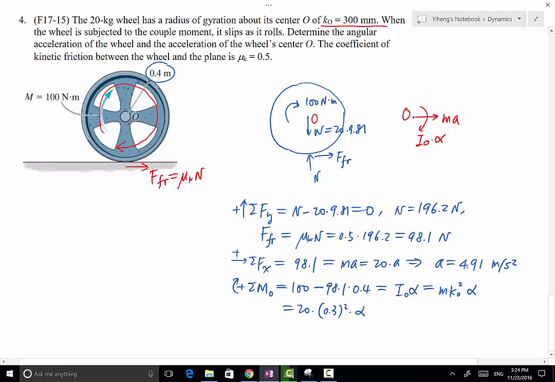So from this last equation, we can solve for alpha to be 33.8 radian per second squared. So that is the angular acceleration of this wheel. And we have also determined the linear acceleration of the mass center.